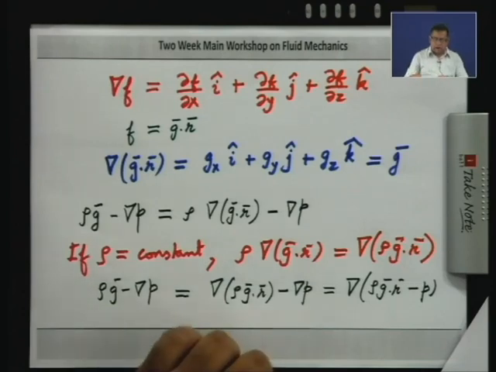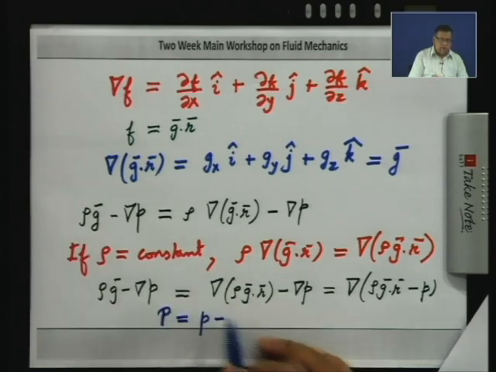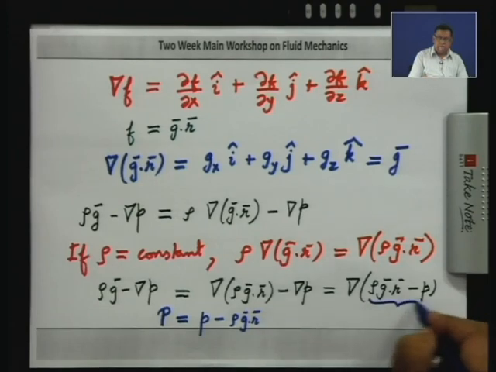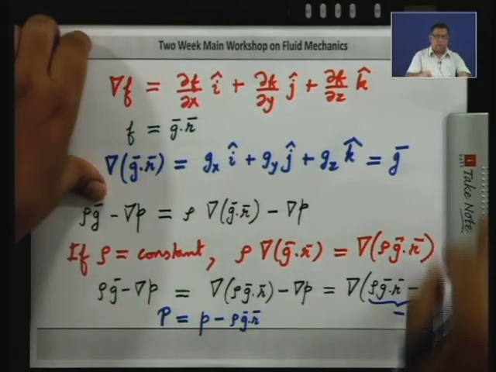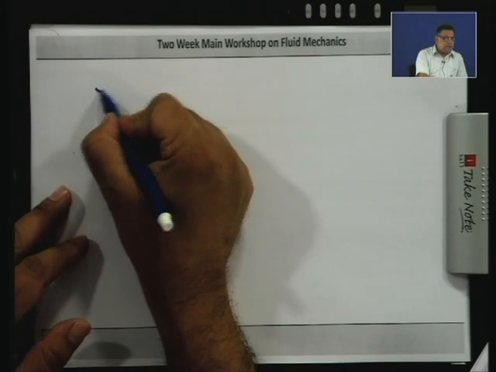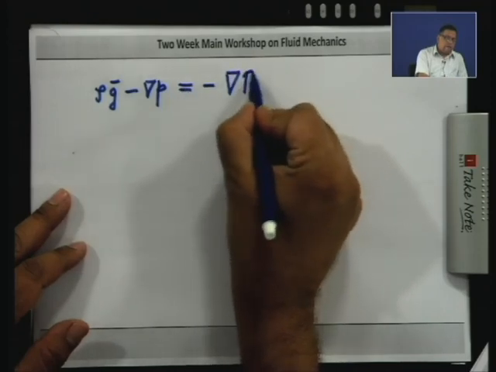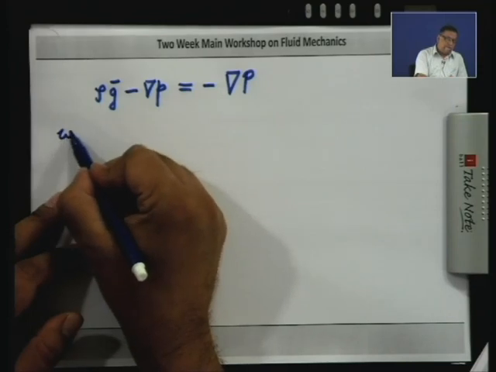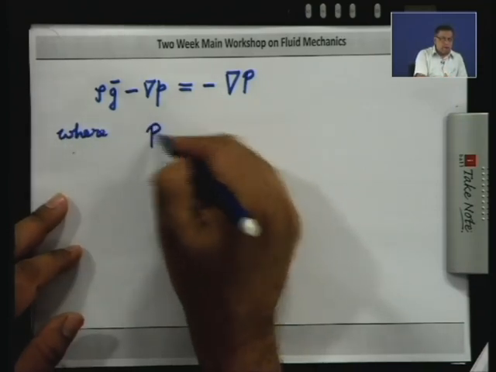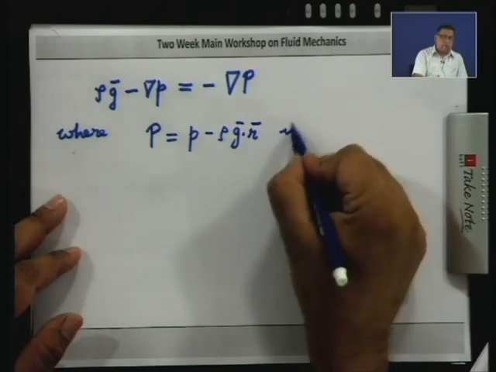Now, if I define a quantity which I will call capital P, which is say small p minus rho g dot r, then you will notice that this term is minus grad of capital P. So, we come up with this expression that rho g minus grad of small p is minus grad of capital P, where capital P is small p minus rho g dot r. This is true if rho is a constant.